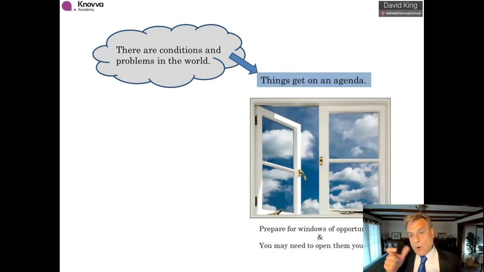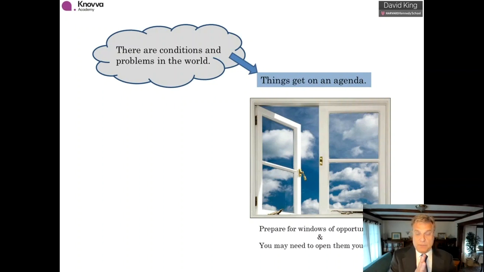Usually things get on an agenda when there's a window of opportunity that opens up. There is a crisis, there is a hurricane, there's a pandemic, or we've run out of money to solve something. There's a brief window in time, the window of opportunity, that is opened up. Sometimes you can predict when a window of opportunity might actually open up.